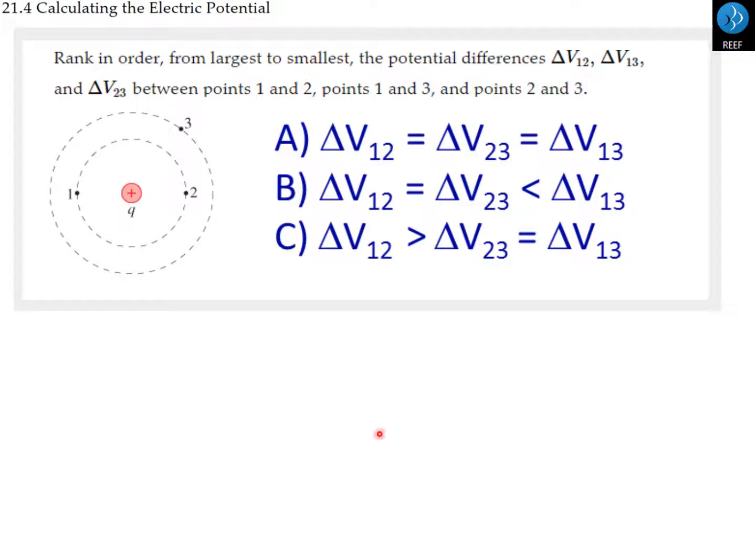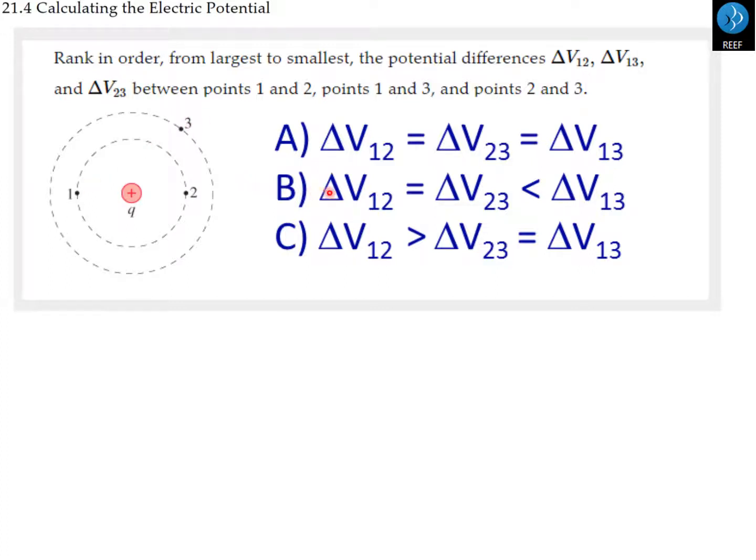Well, another question. Rank in order from largest to smallest the potential differences V12, V13, V23. The question is, what is the difference in electric potential between point 1 and point 2? What is the difference in electric potential between point 1 and point 3, and point 3 and point 2, and so on? Well, we have three different answers. One says that the difference between 1 and 2 is the same as the difference between 2 and 3, which is the same as the difference between 1 and 3.